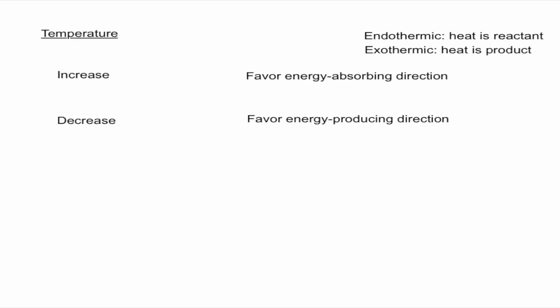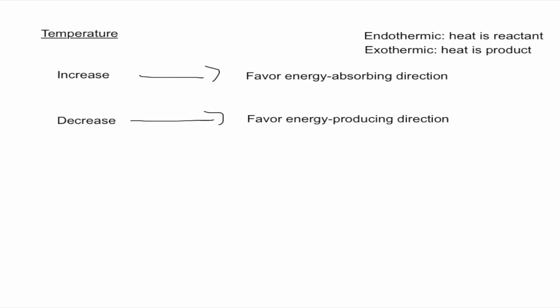So like before, we could have an increase of temperature or a decrease of temperature, because we're measuring that change. When we have an increase, that will lead to the favoring of the energy absorbing direction. When we have a decrease, we will favor the energy producing direction.